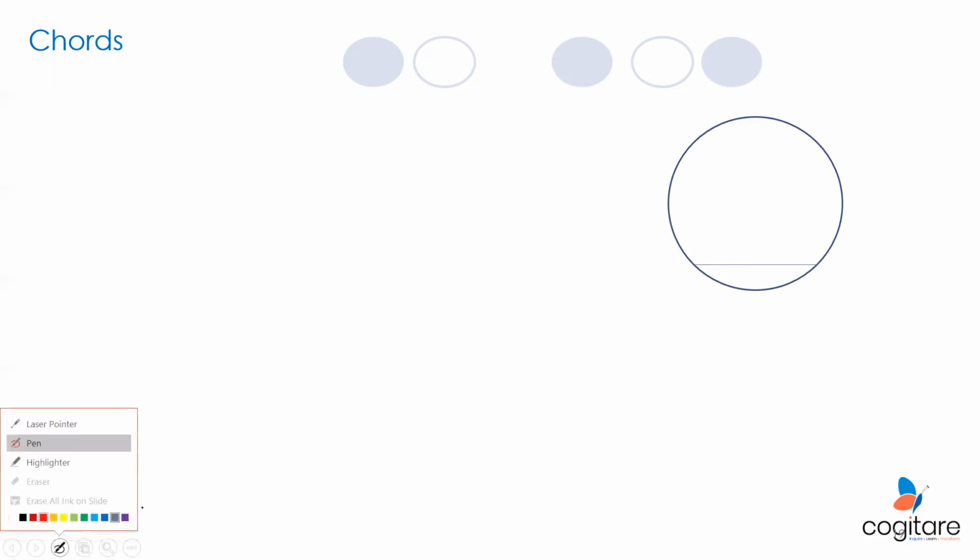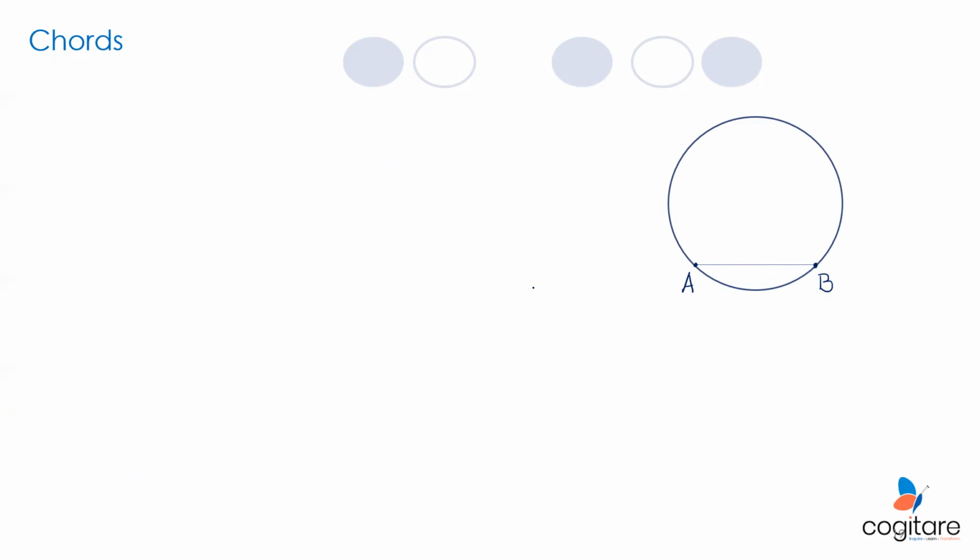Let's jump in. So we have a circle, okay, and we have a chord. A chord is nothing but a line segment whose end points are on the circumference of a circle. If AB were not a line segment, but if AB were a line, then you know that it becomes a secant. Cool? Okay.